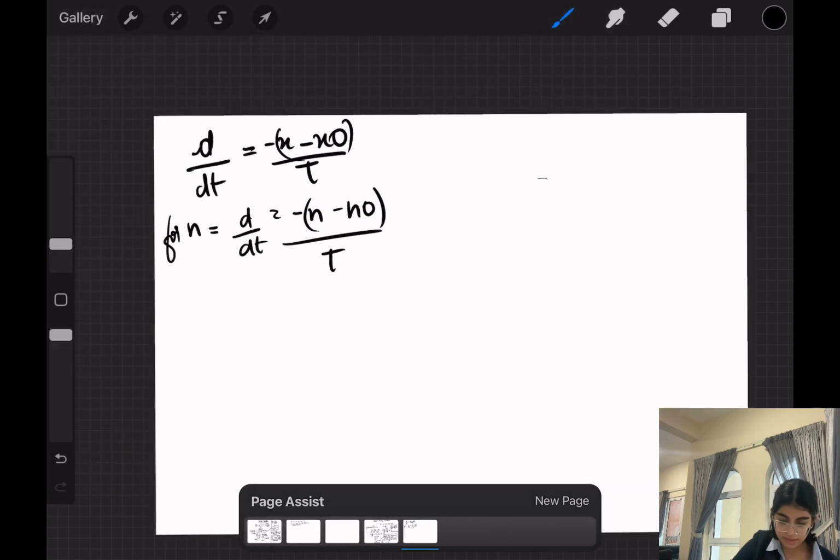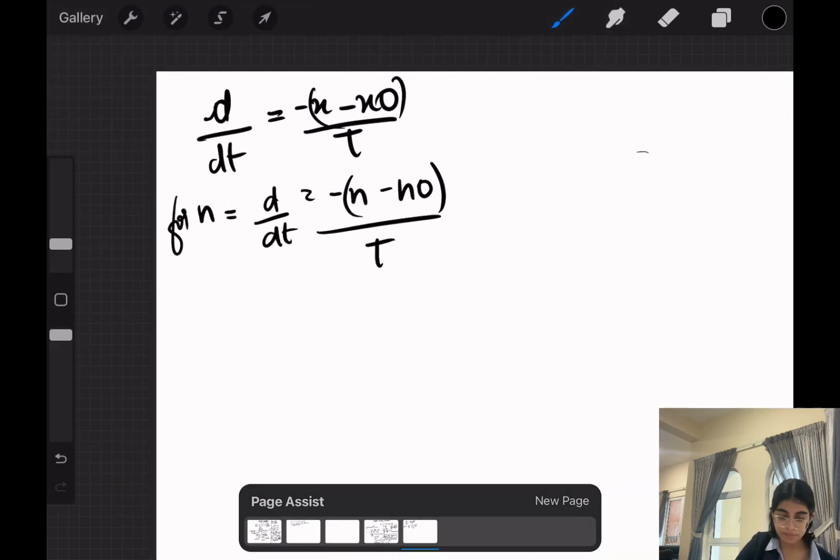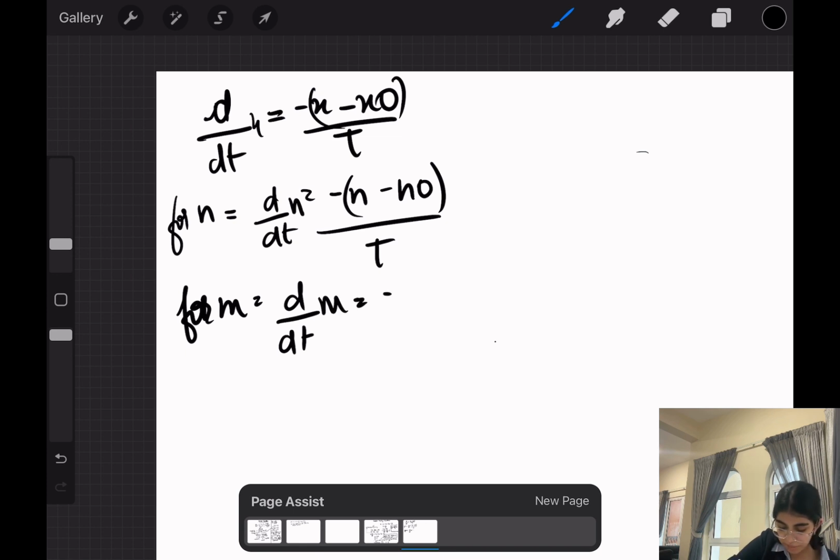And moving back to these equations, for M, it was dm by dt equals minus m minus m0 divided by tau.